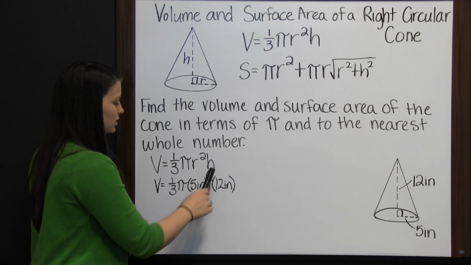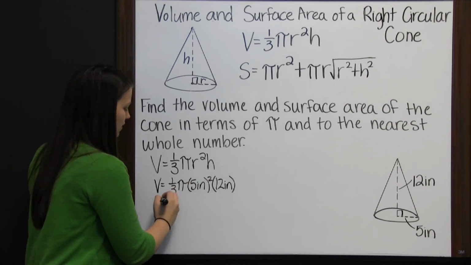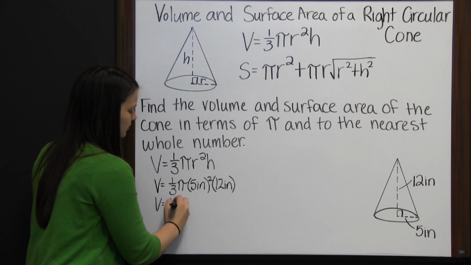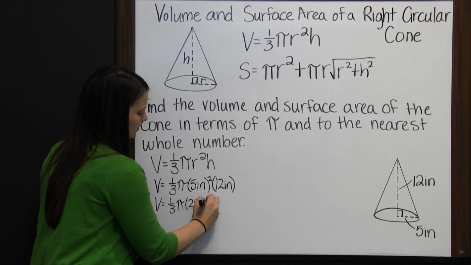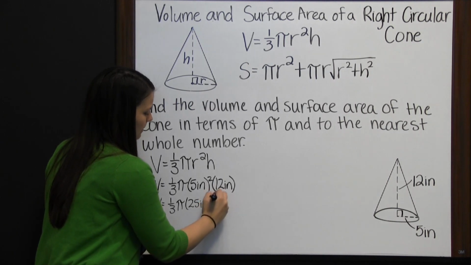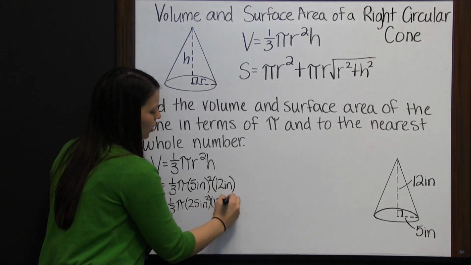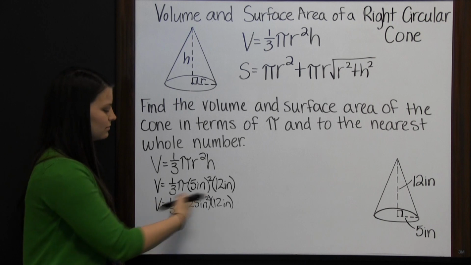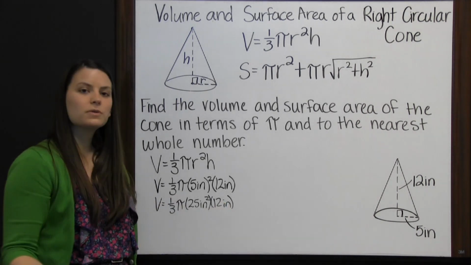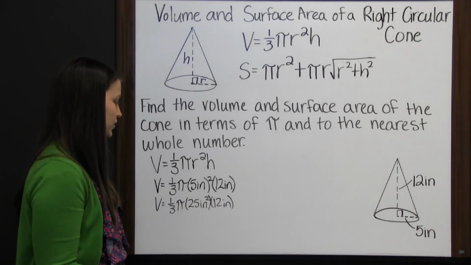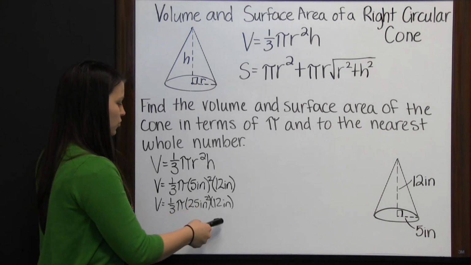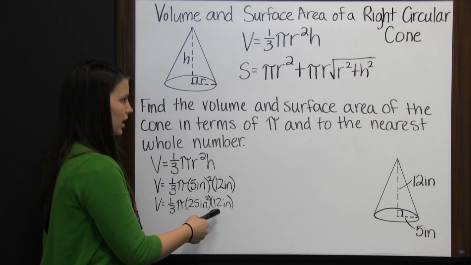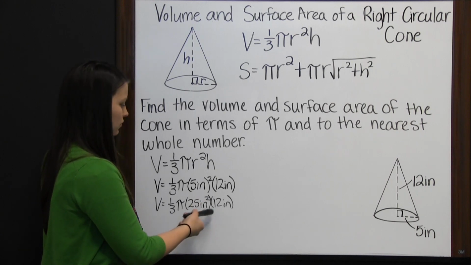So 5 inches squared is 25 inches squared. And now that all we have left is multiplication, we can multiply in any order we want. So we could first take a third of 12, and we would get 4.